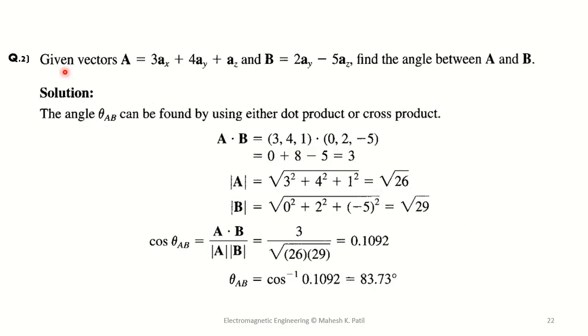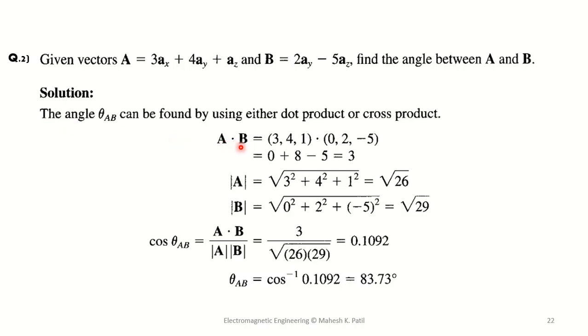Now the next problem has two vectors given. Vector A is 3 ax bar plus 4 ay bar plus 1 az bar, and vector B is 2 ay bar minus 5 az bar. It is asked to find the angle between these two vectors A and B. This problem can be solved in two ways. First is by applying the dot product method.